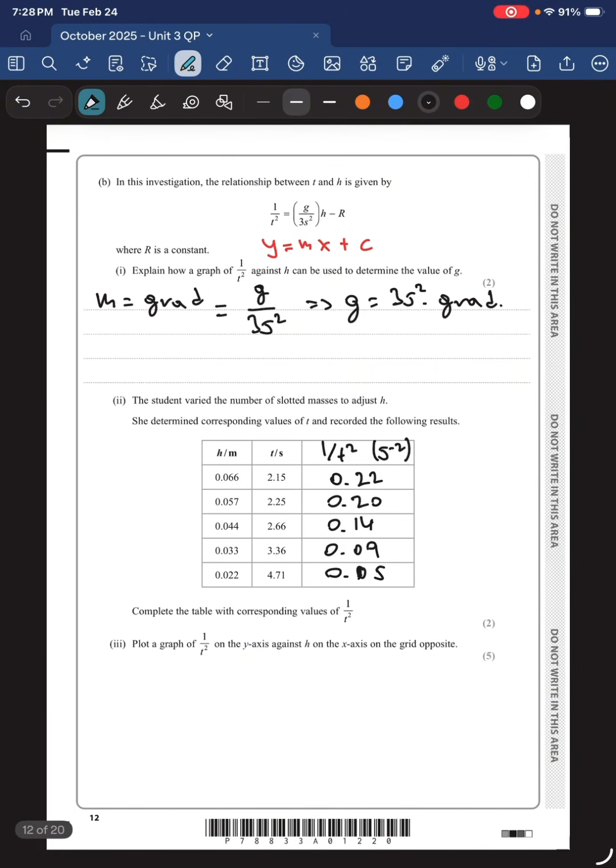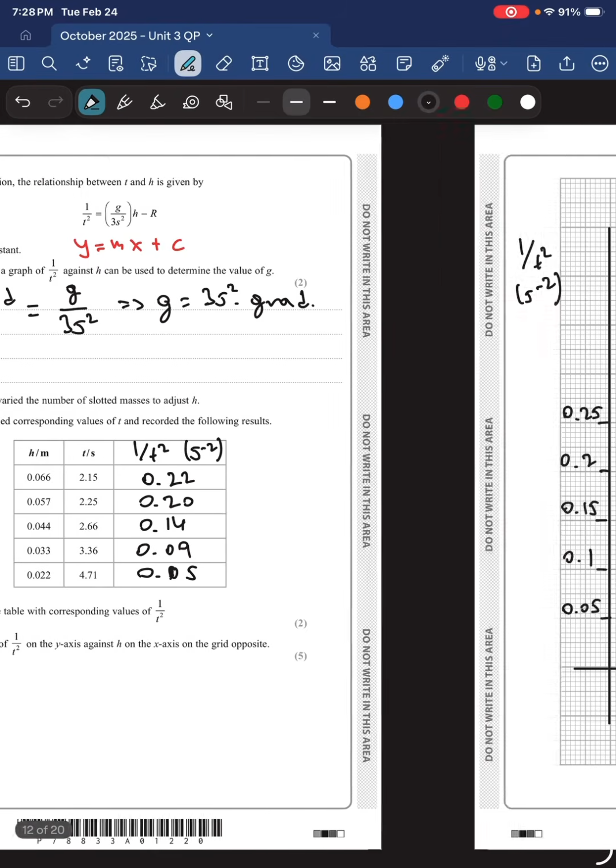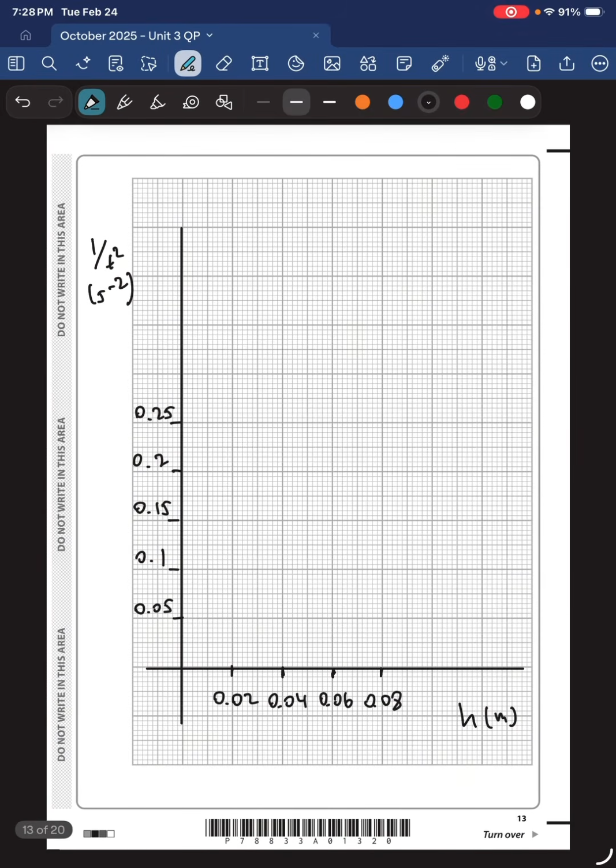Let me see, 0.066. So this is 0.07, I guess. So this is 62, 64, 66. And 0.22 is going to be this thing over there.